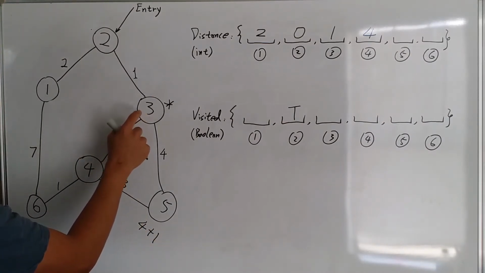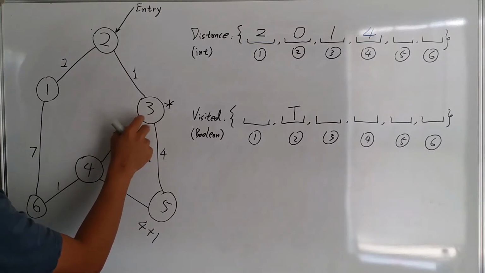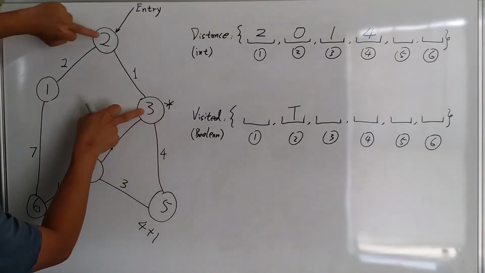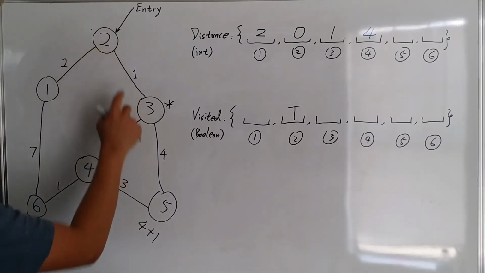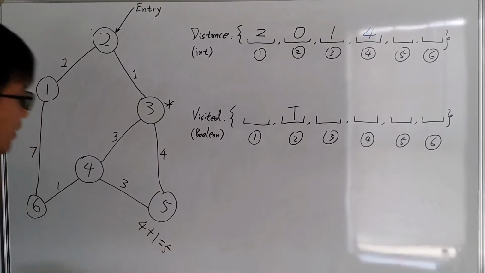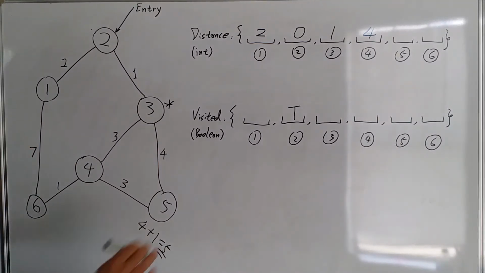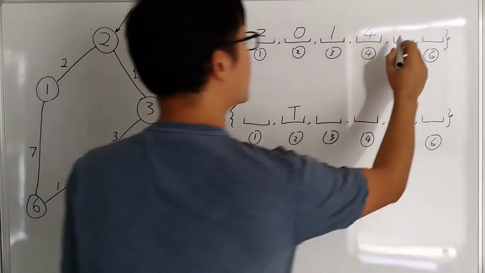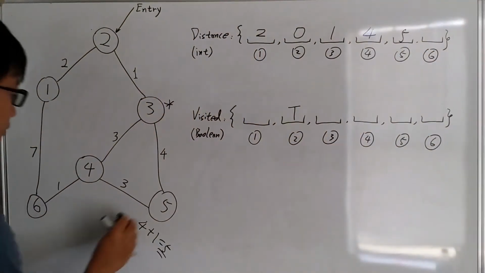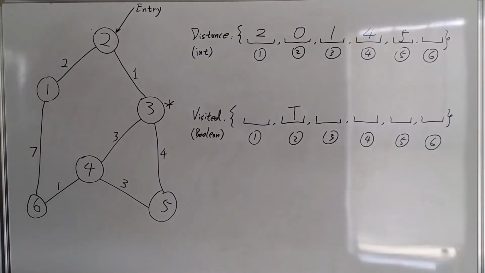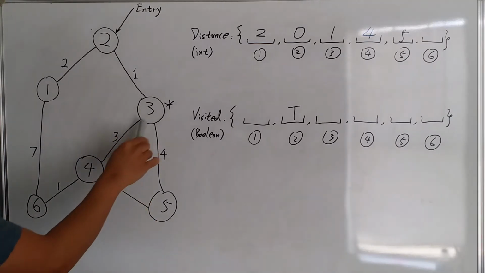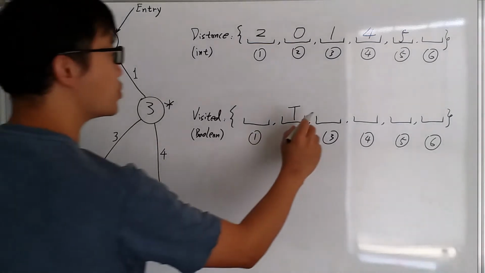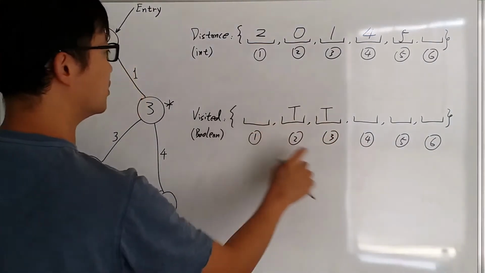It is the distance between this node and the beginning node, which is 1. So 4 plus 1 is 5. There was no information here, so we put 5 here. At this moment we have checked the 3 neighbors of node 3, so we are done with node 3. We put true here, meaning we have already visited node 3.